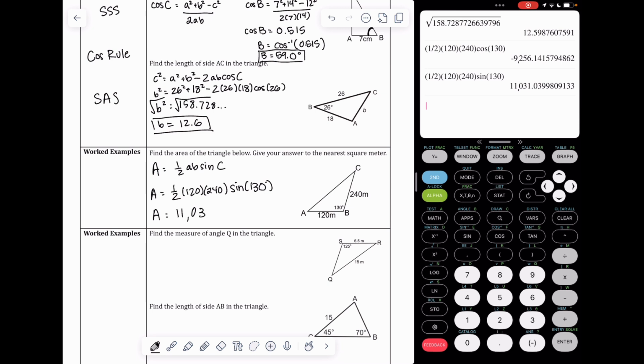I'll round it there just because, but if I were rounding to 3 sig figs, it would be just 11,000 because the 3 would round down. And it'll be meters squared. Area is measured in square units. So we're good right there.